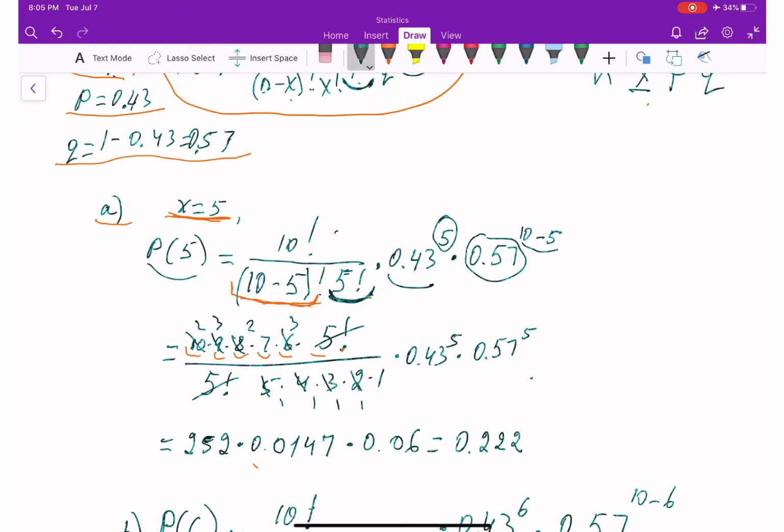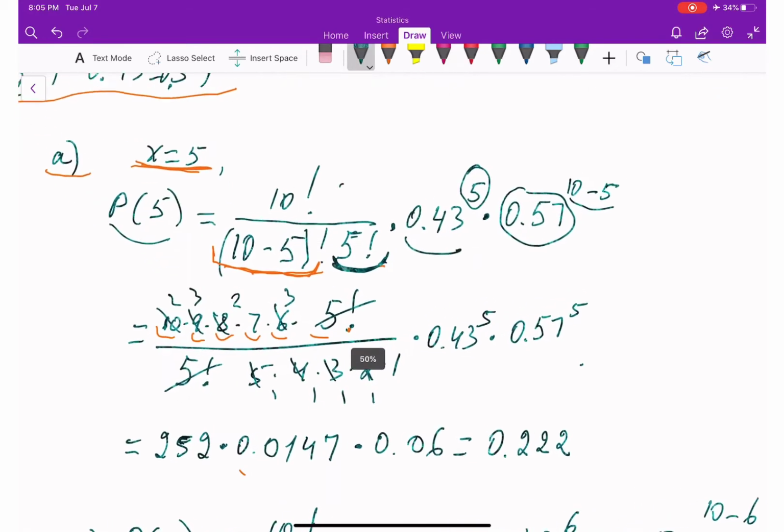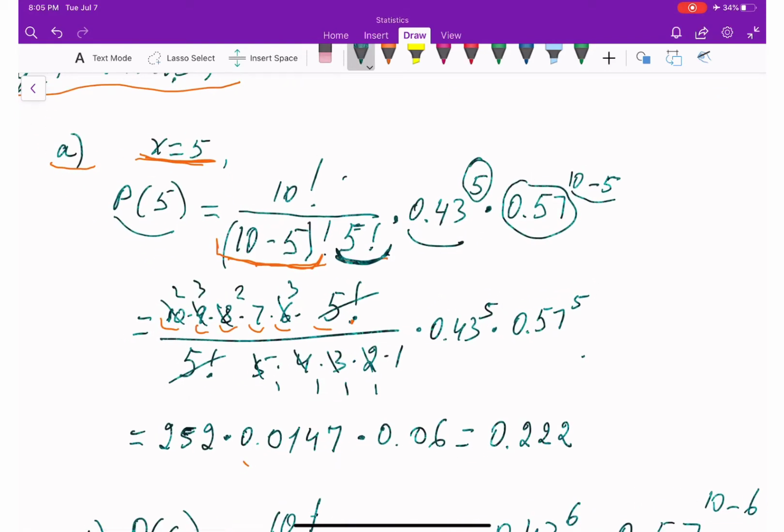So what does that mean? I'm going to cancel with each other. So this 5, I canceled with this 10, I got 2. 4, I canceled with this 8, I got here 2. 3, I canceled at the bottom with 9, I got 3. 2, I canceled with 6, I got 3.